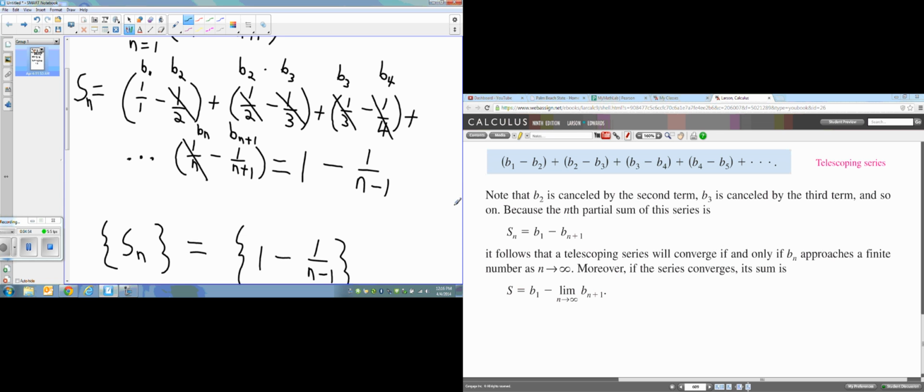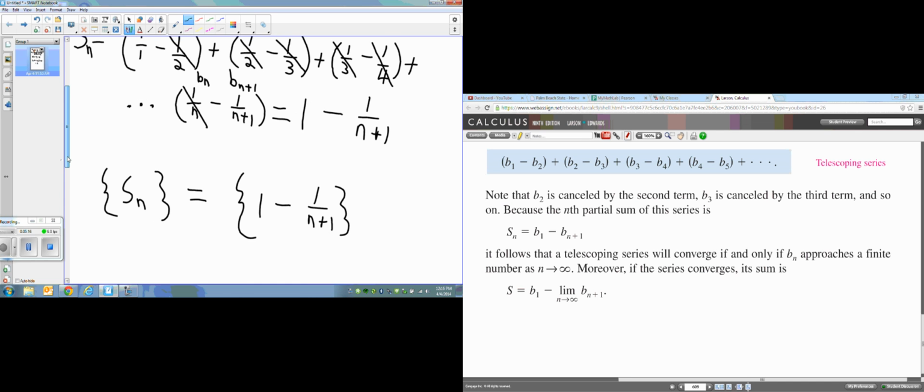So what we're saying over here on this side is going to be B1, which in our case was the number 1, and it's going to be minus Bn plus 1, which would just be 1 over n plus 1. Oops, this should have been a plus. I made that mistake. These should have been pluses all the way through. I just all of a sudden changed it from plus to minus. Sorry if I confused anybody.